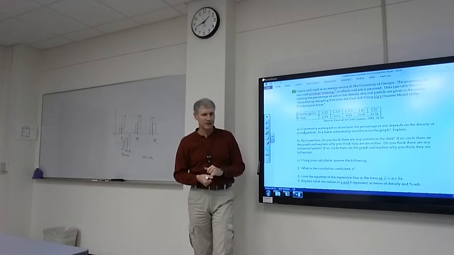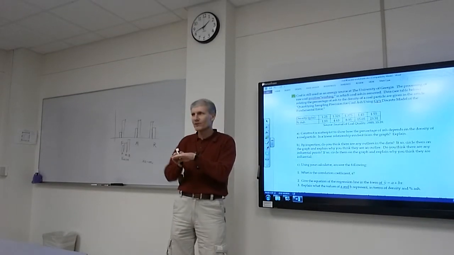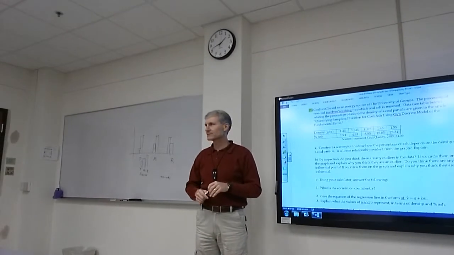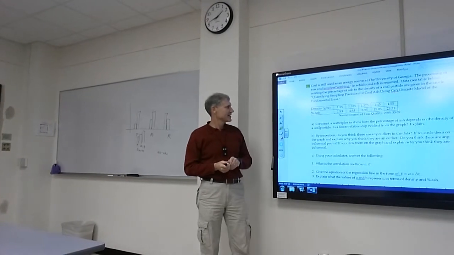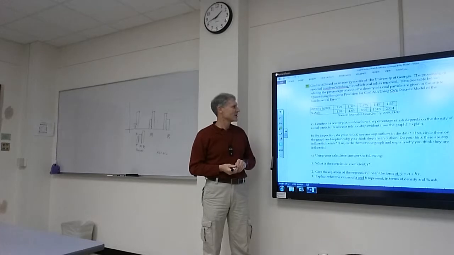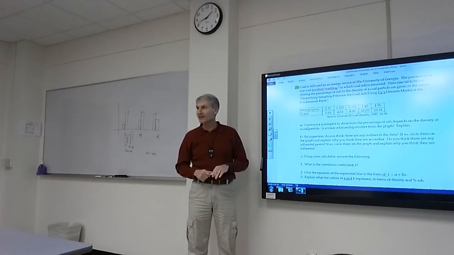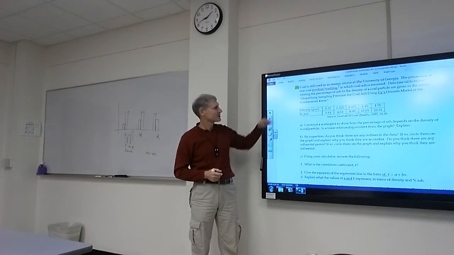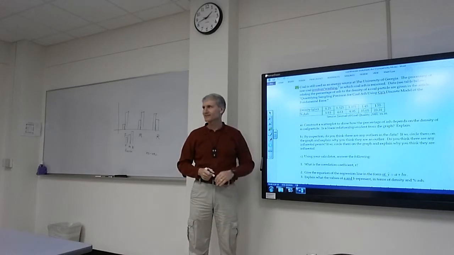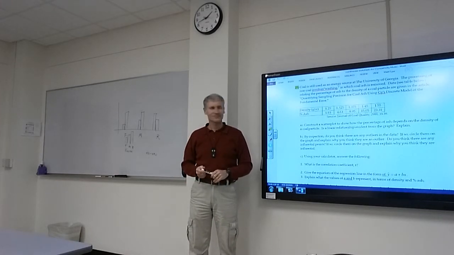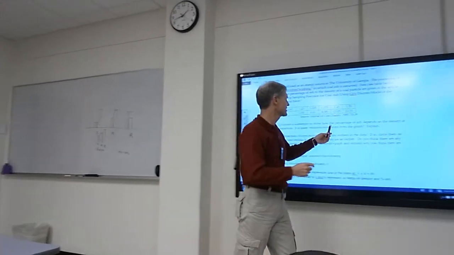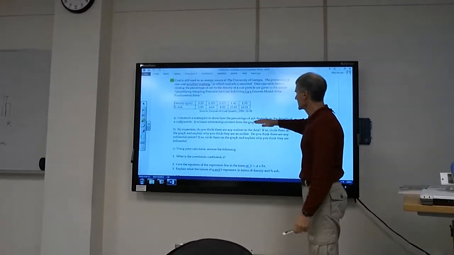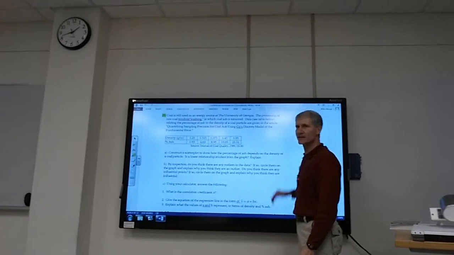Which variable is the x-axis and which variable is the y-axis? Density is x, percent of ash is y. Okay. Density is x and percent of ash is y. Why is that? Is it because of the order they're put in? No. Percent of ash is... Good. It says here, percent of ash depends on the density.